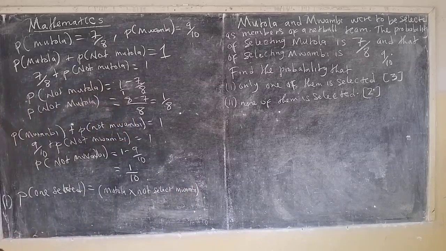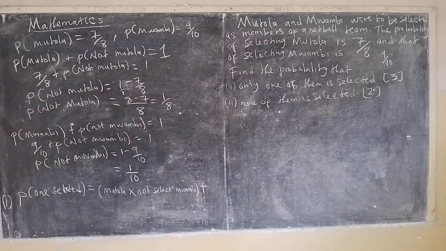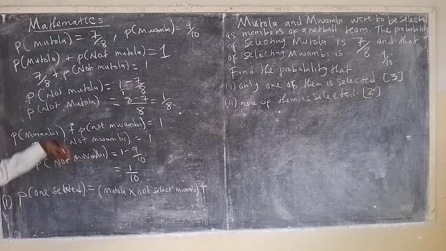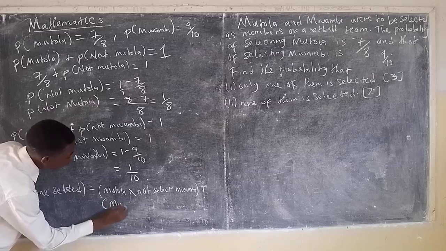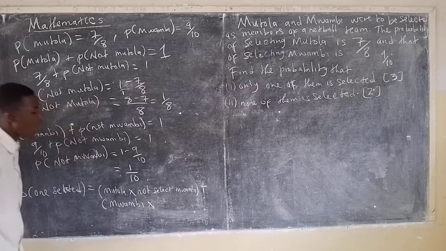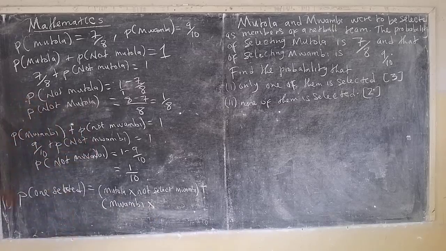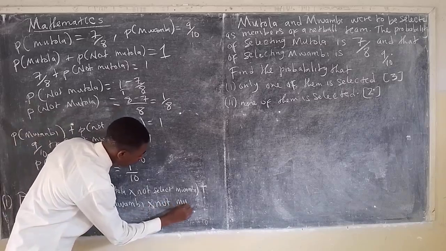Then we add another probability, in which we select the other one but not Mutola: the probability of selecting the other one times the probability of not Mutola.